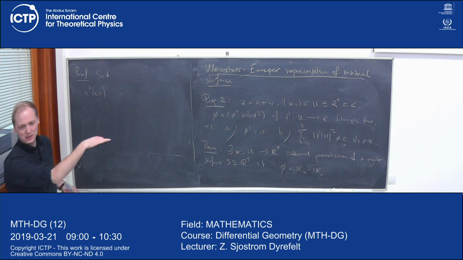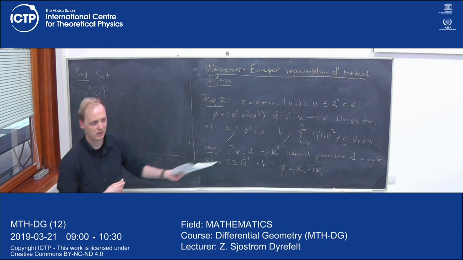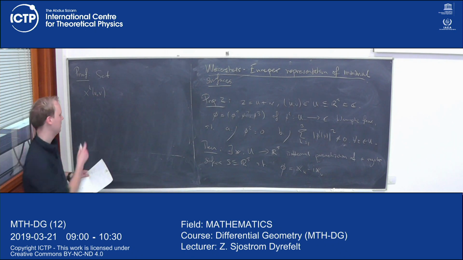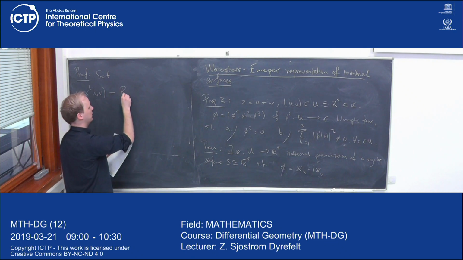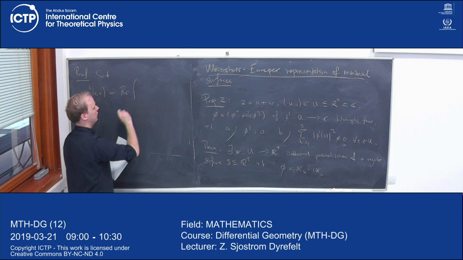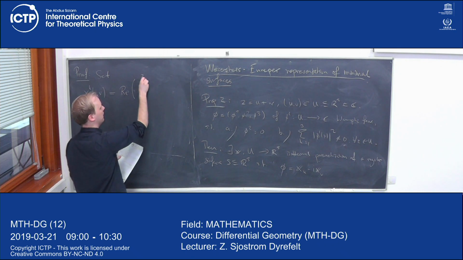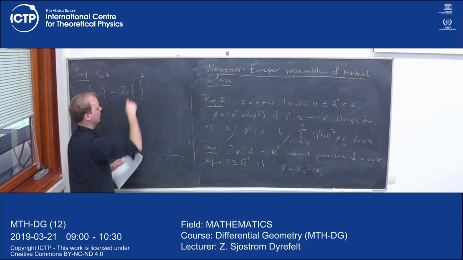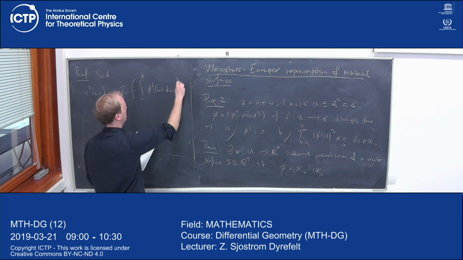Because I have all these functions phi, and I want to construct parameterizations, I should tell you what the coordinate functions are that I want to look at. So I look at the real part of the following integral, and I will explain what this means: the real part of the integral from 0 to z of phi_k of w dw.